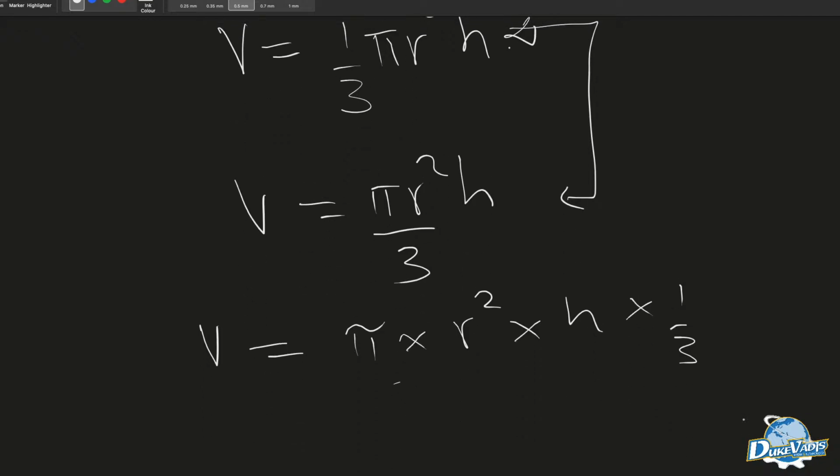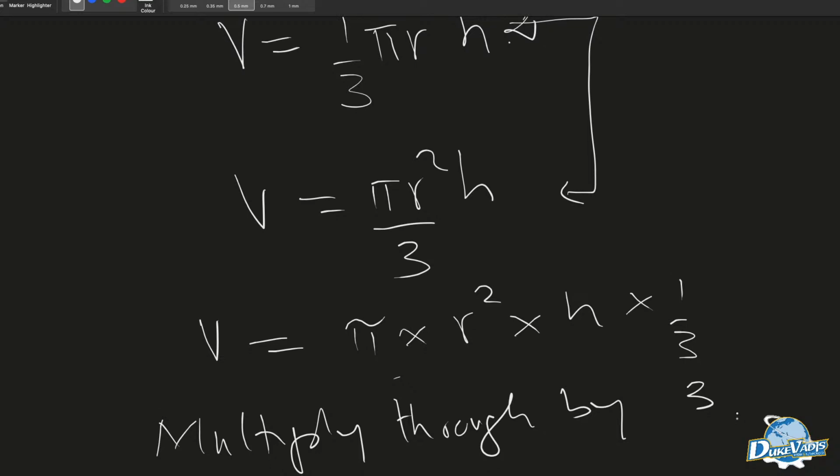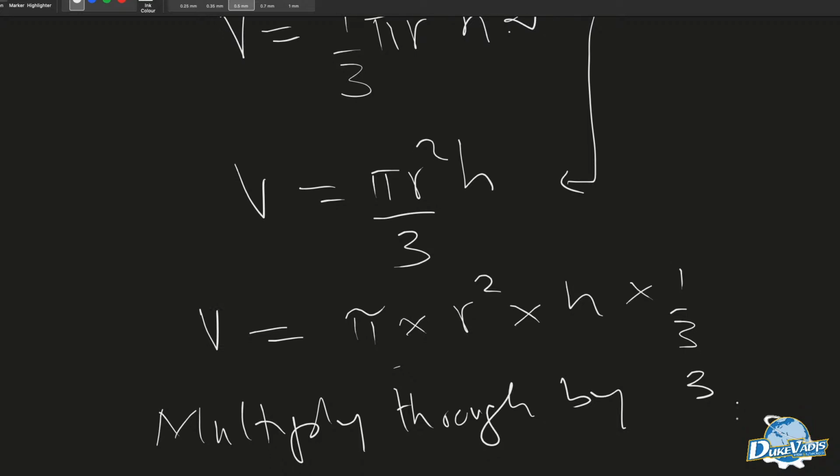So how do we make r squared the subject? First and foremost, all we have to do is multiply through by 3, just to avoid the fraction. Remember, in an equation, what we do to the left hand side, we do to the right hand side.